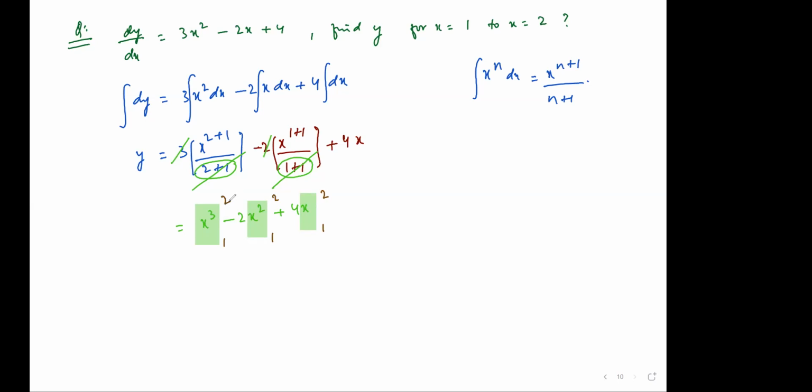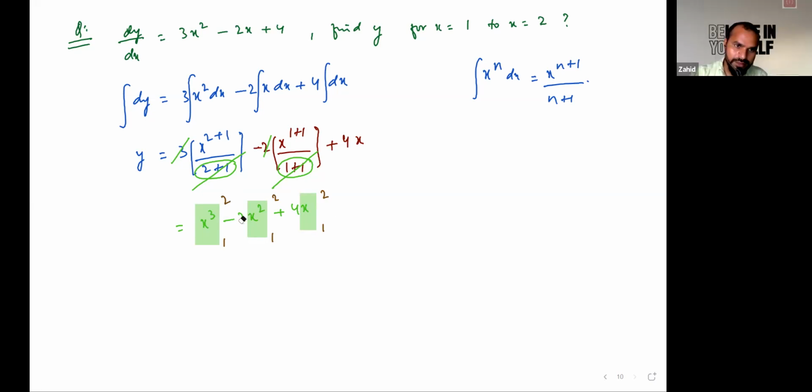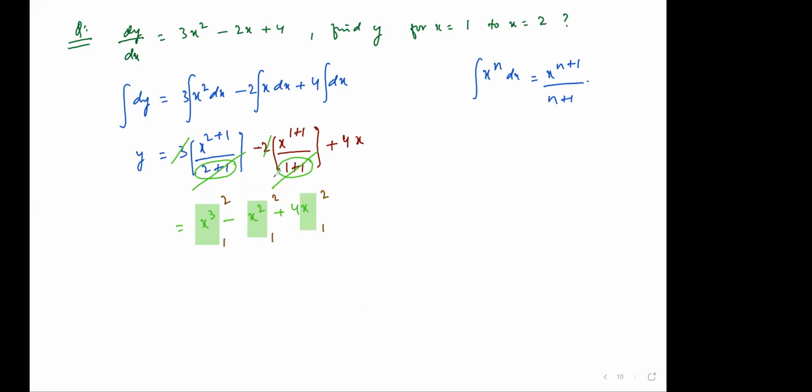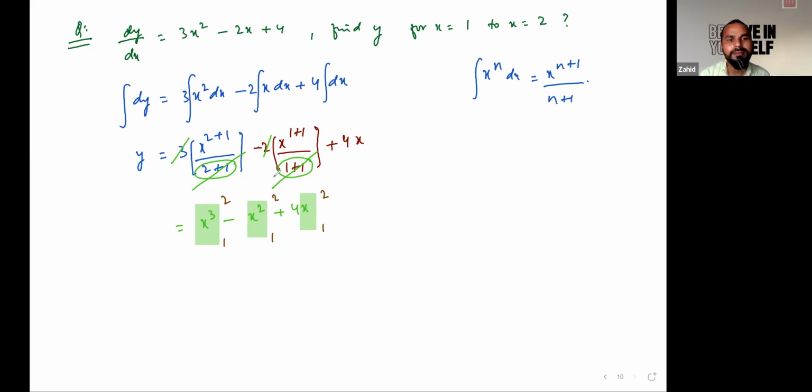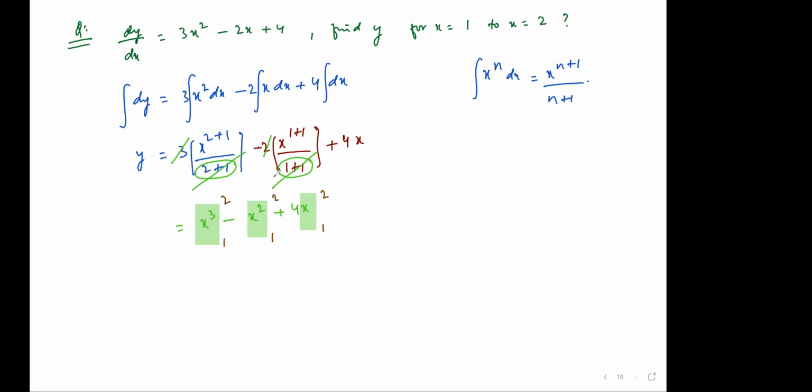Sir, it should be x squared instead of minus 2x squared, right? Okay, okay. This 2 and this 2 would cancel out, so we're left with only minus x squared. Okay, Salman? So is the answer 8? Yeah. Salman, in doubt? No, sir. Okay.